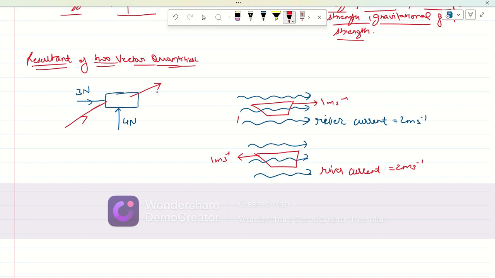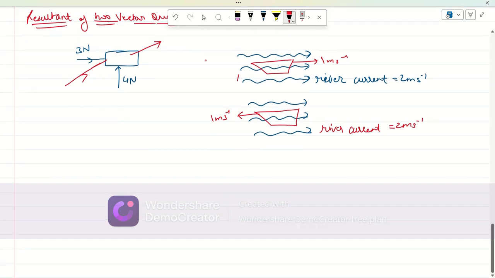Now, how do we find this resultant? First of all we draw the vector triangle. 3 Newton force is acting in this direction, so I draw it like this. 4 Newton is acting upward, so I draw this. This is 3 Newton, this is 4 Newton. Now I join these two lines, and this line represents the resultant.